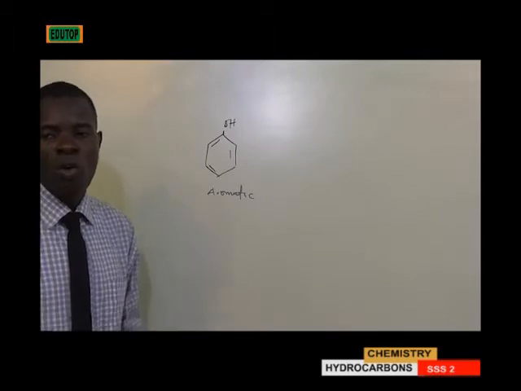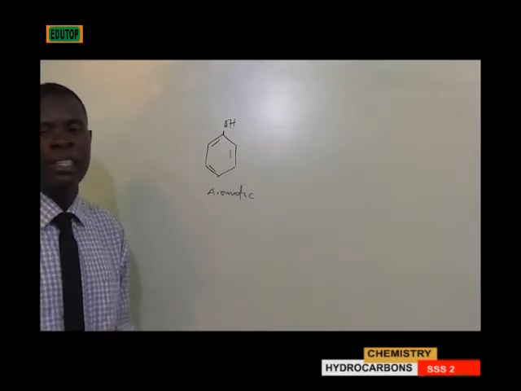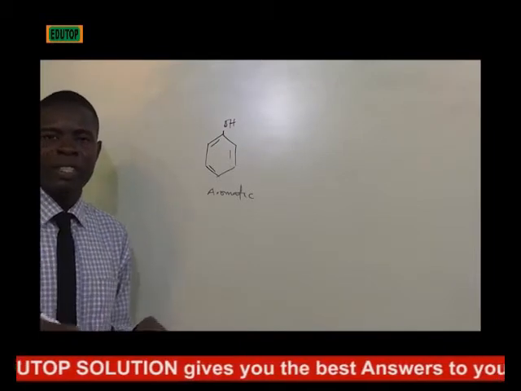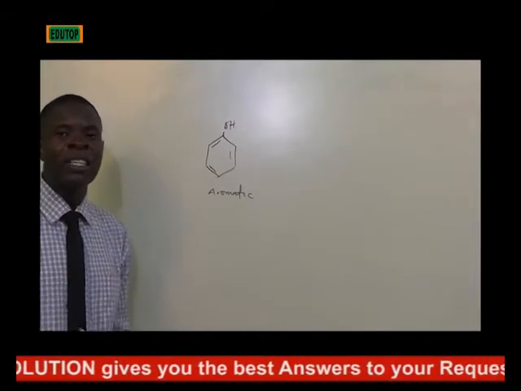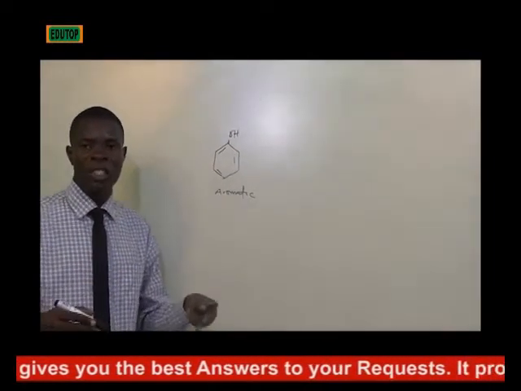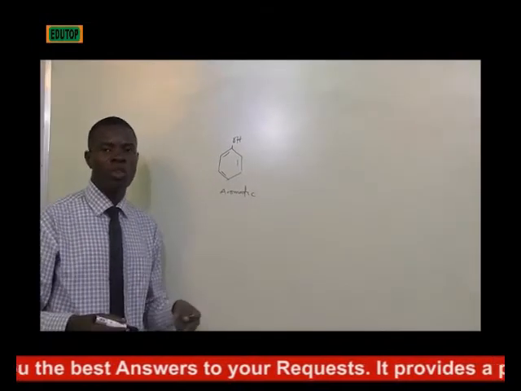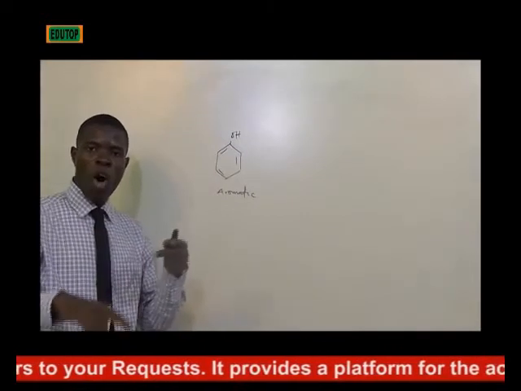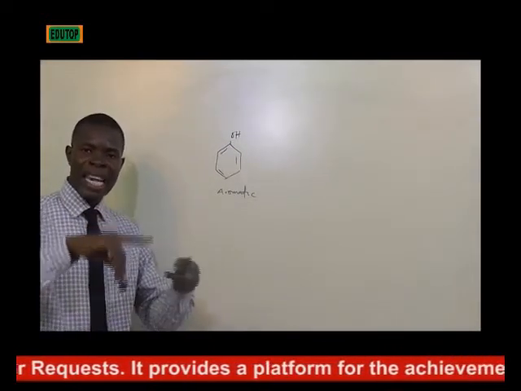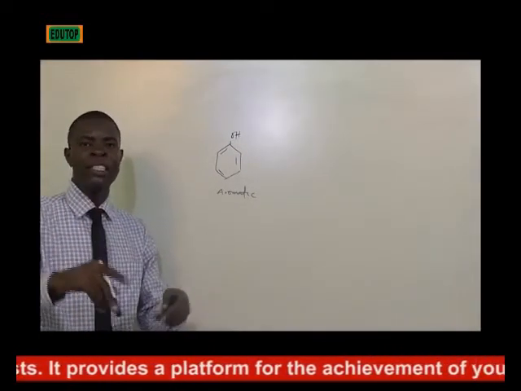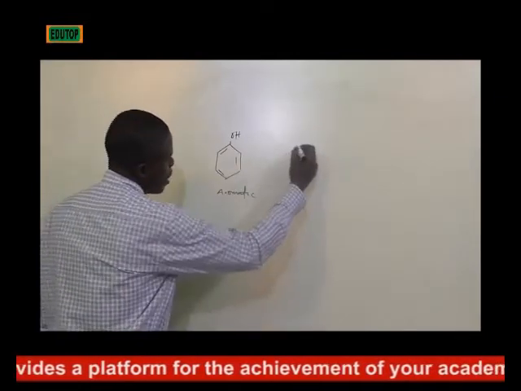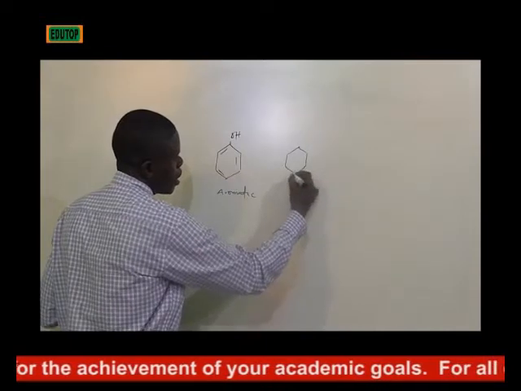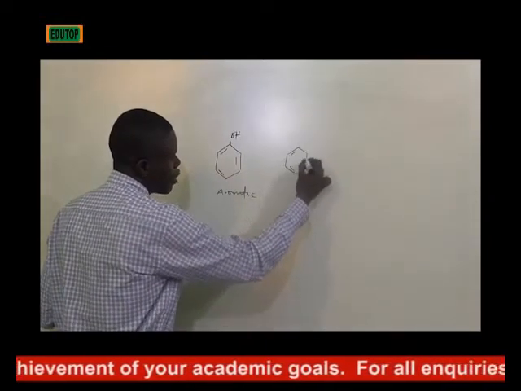Question number 2. Which of the following compounds exhibits resonance? The only compound that can exhibit resonance is one with delocalization of pi electrons. What do I mean by delocalization of pi electrons? The movement of the pi electrons ensures the stability of the ring. When you have a benzene ring, you have pi electrons.